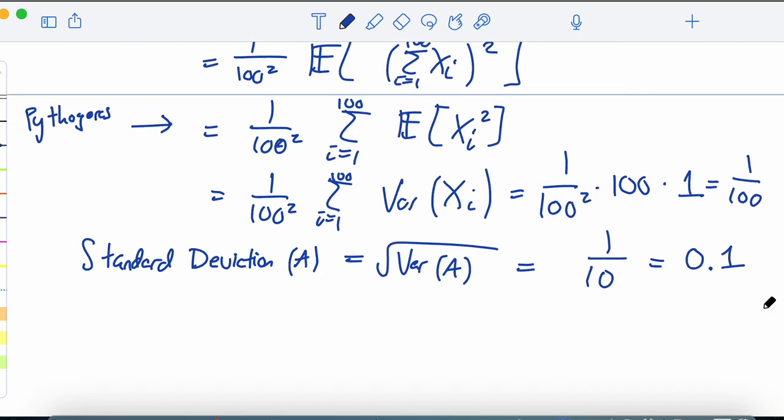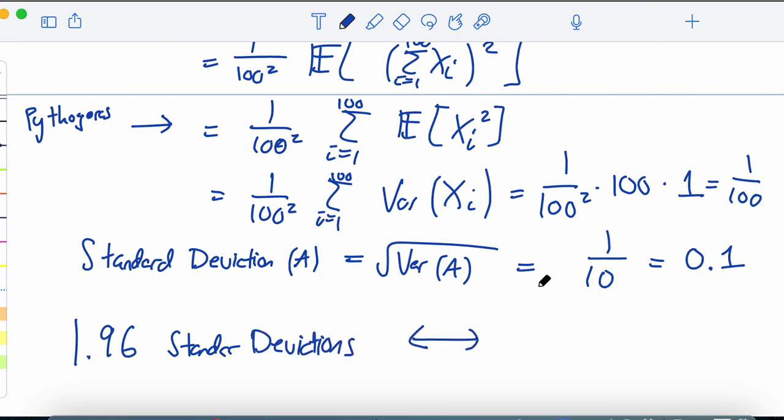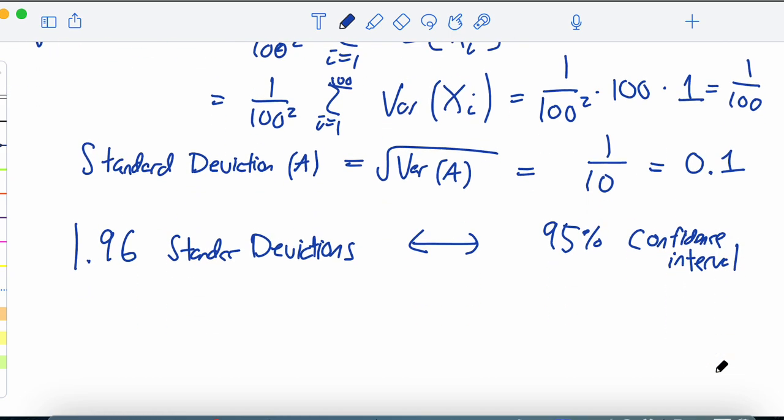And this was the secret number that you have to remember from your stats class: 1.96 standard deviations is what goes with a 95% confidence interval. Sometimes people will just remember this as 2, which is also fine.